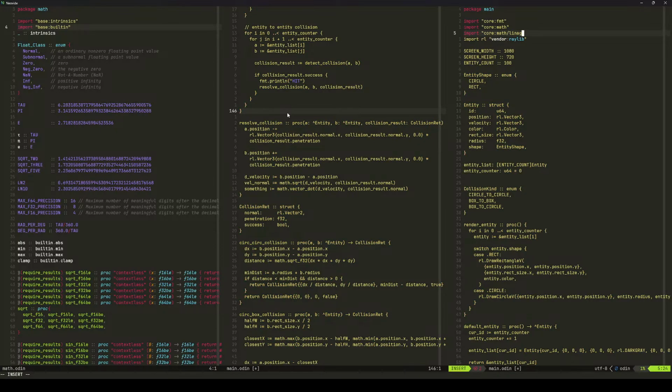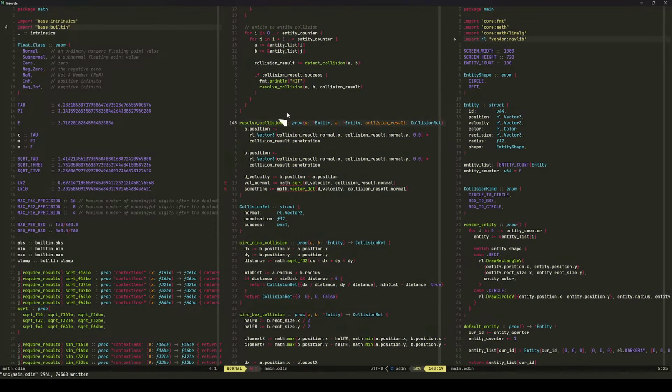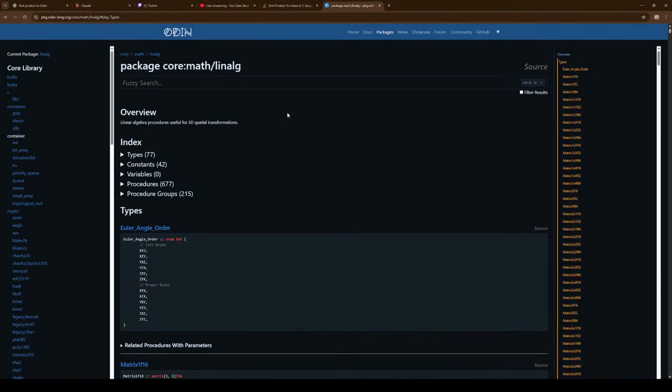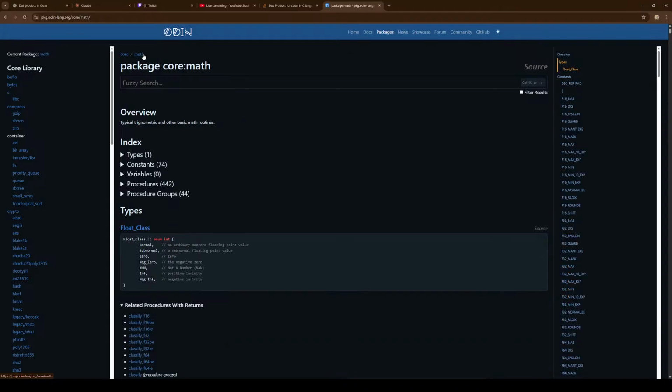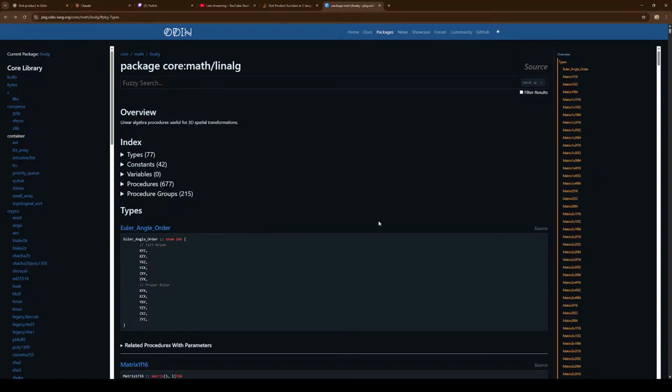Linear algebra. That is the reason why. But how do you implement this? This is confusing.